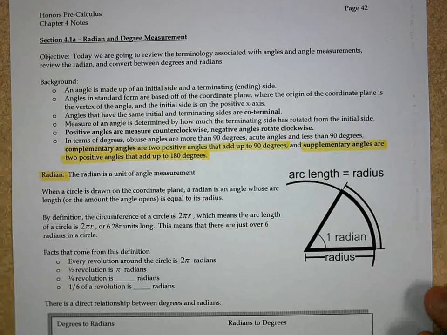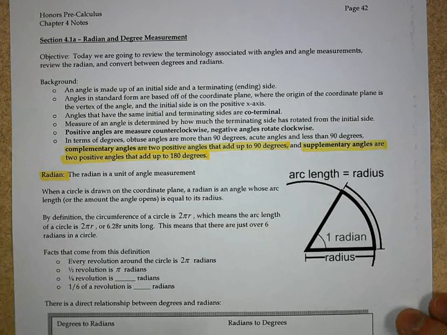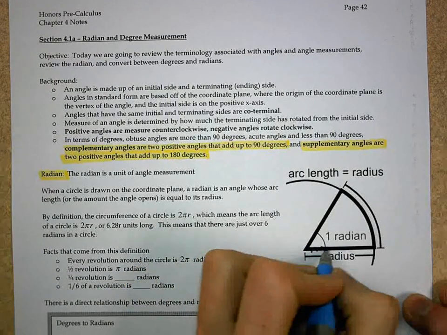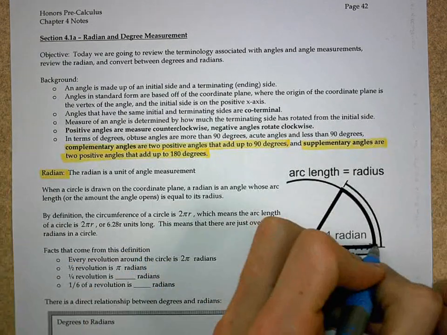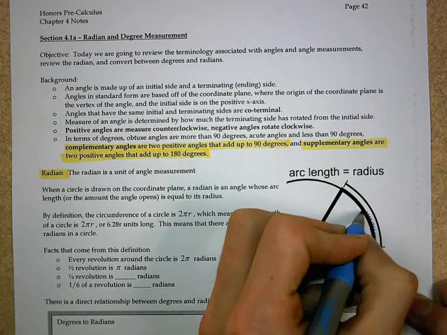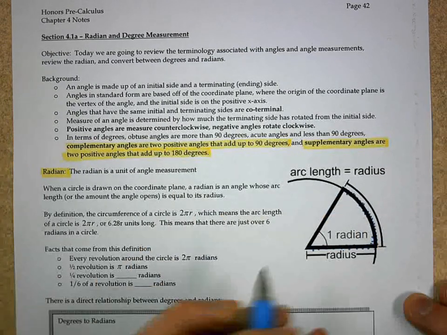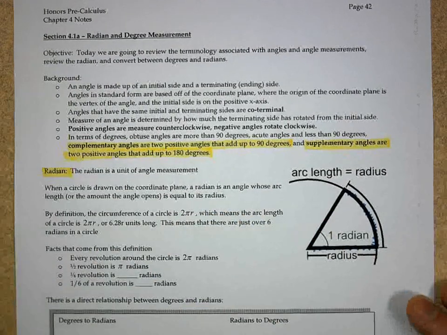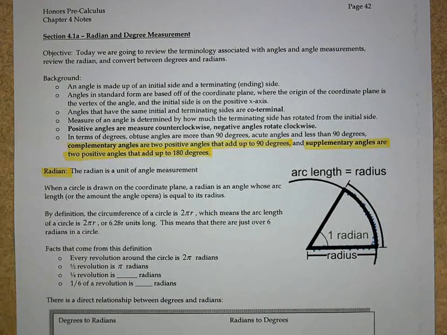The way we find a radian is if we've got an angle on a circle, the radius of the circle, so right here you can see the radius, is how far we go around on the circle. So whatever this distance of the radius is, that's the distance we go around the circle, and we end up with 1 radian.